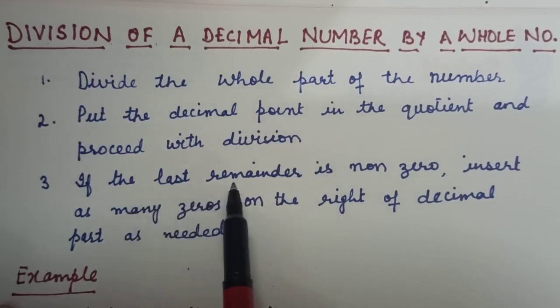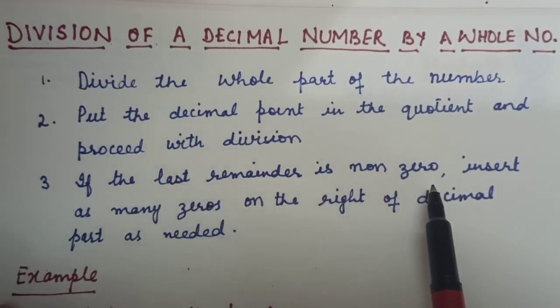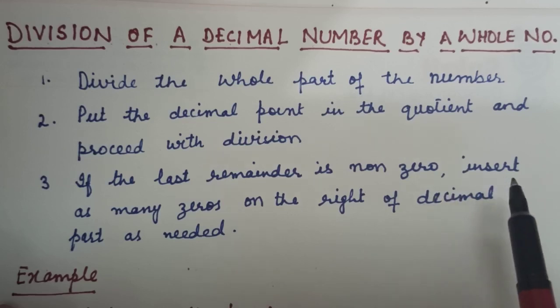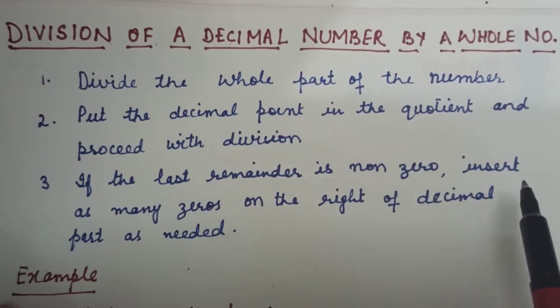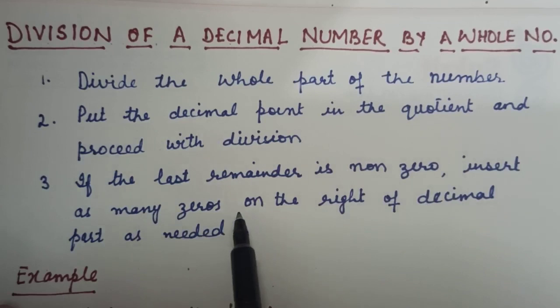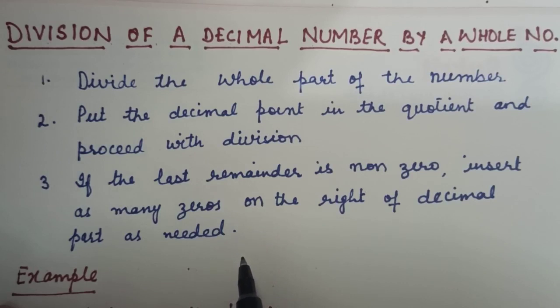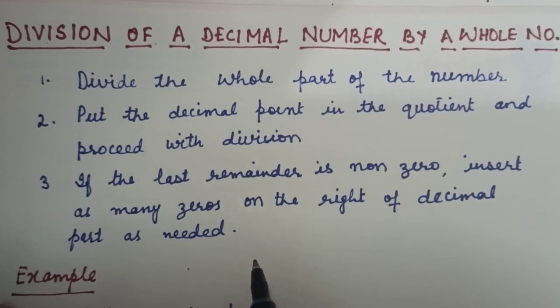Then if the last remainder is non-zero, it means if in the end we do not get 0, at that time in the end of the number we can insert as many zeros on the right of the decimal part as many as needed. Alright, let us discuss this with the help of an example.